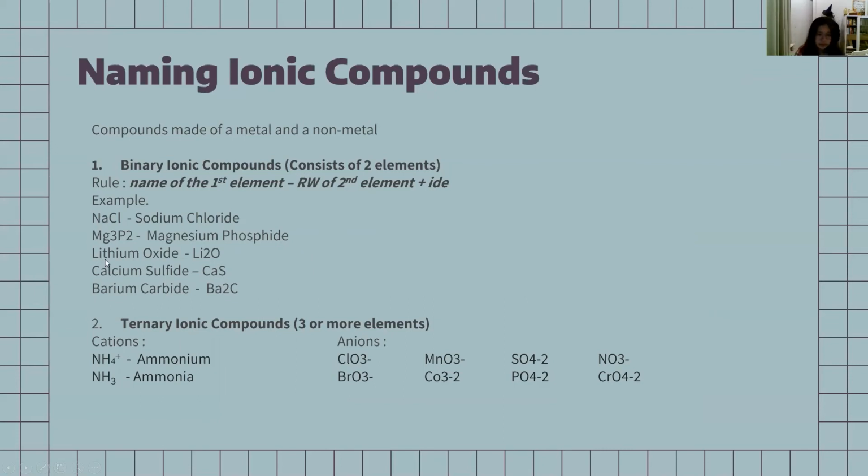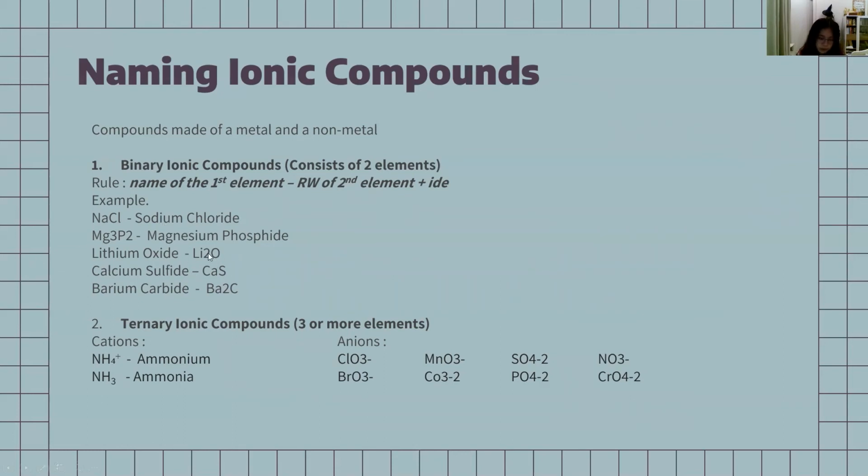We can change from the name of the element into the compound. So for example, lithium oxide. So the first element is lithium, which is Li, and then oxide is oxygen, which is O, and then IDE, right?